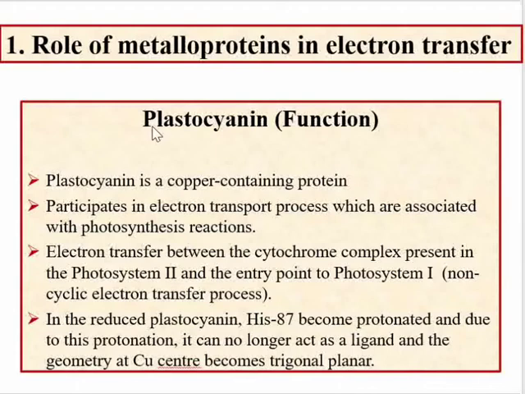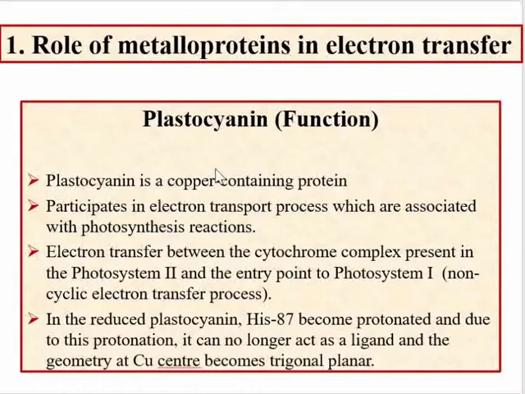The third metalloprotein that takes part in electron transfer is plastocyanin. If you see the function of plastocyanin, it is a copper containing protein, and this participates in the electron transport process associated with the photosynthetic reactions. We had already studied photosystem 1 and photosystem 2 when we studied chlorophyll and chloroplast.